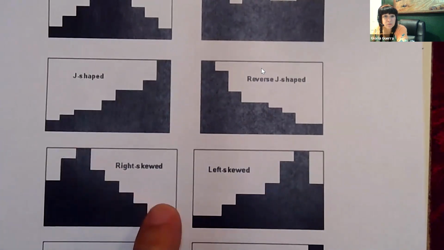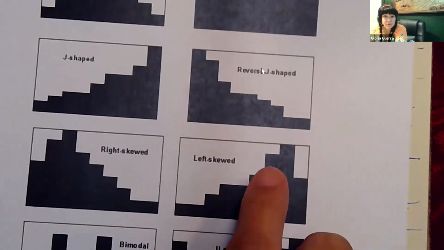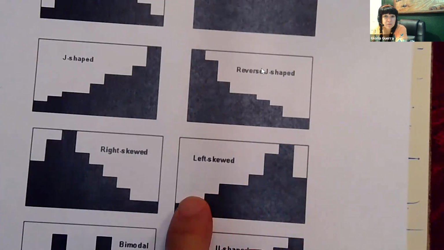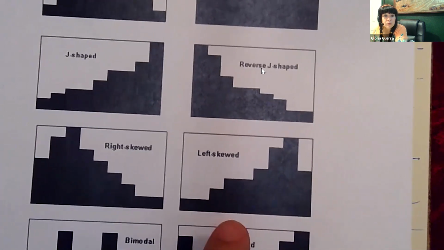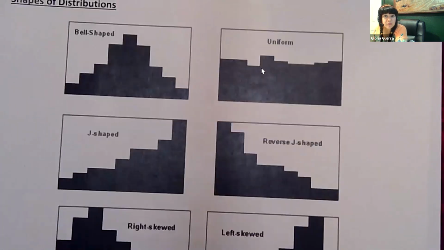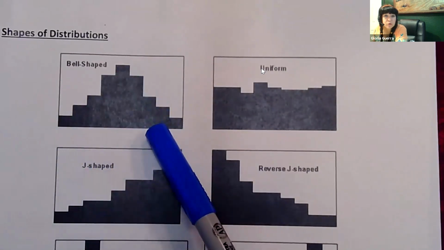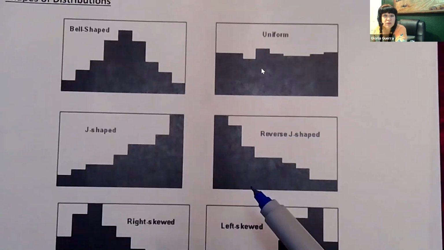Okay, and this is an example of left skew. The data tapers off more on the left-hand side. Okay, and then oftentimes I'll talk about bell shape, symmetric shaped. Okay, so those are the most common ones that we'll see.